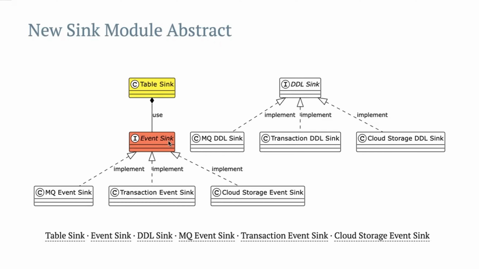At the same time, we separate the DDL sync and the event sync. I guess it's a pretty good idea, because right now you don't need to care about the DML part if you want to implement a DDL sync. For example, in Kafka, we use an async producer to write row change events to the Kafka server, so we need to care about error handling and all the async stuff.